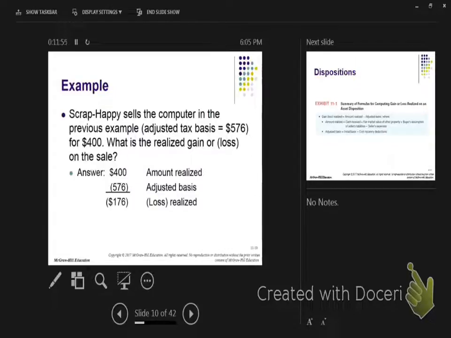But on the books, we lost $176. Because if we sold it at the end of year 2, technically, we should have still gotten 3 more years out of that computer, and we only got $400 for it. We should have gotten more money out of that computer, is basically what they're saying.